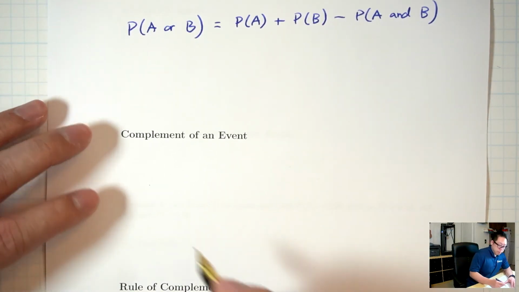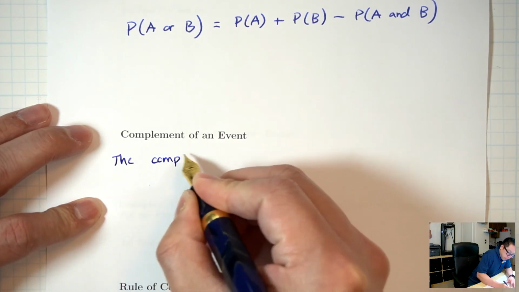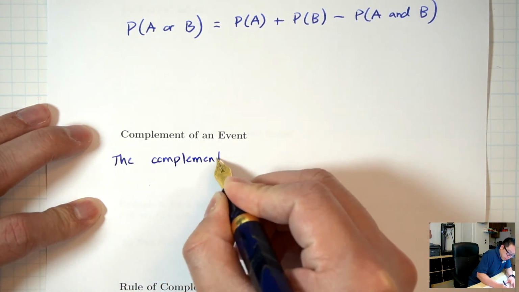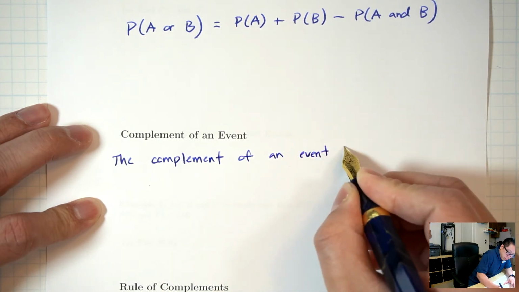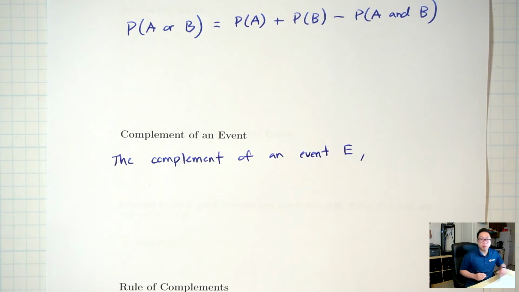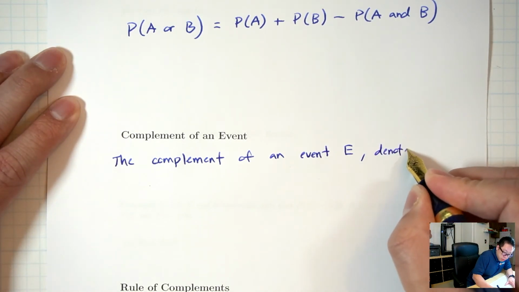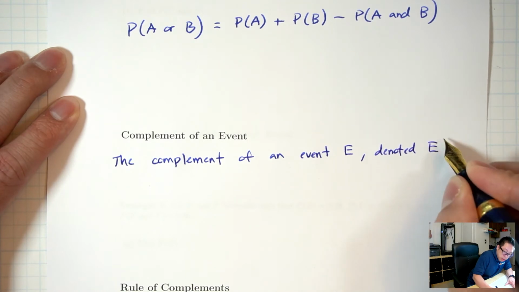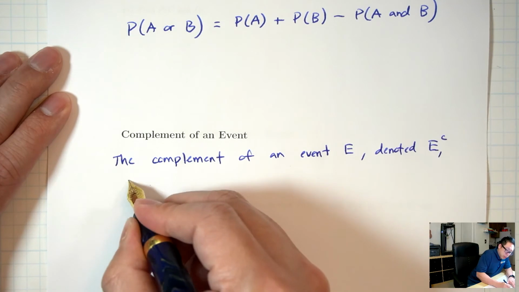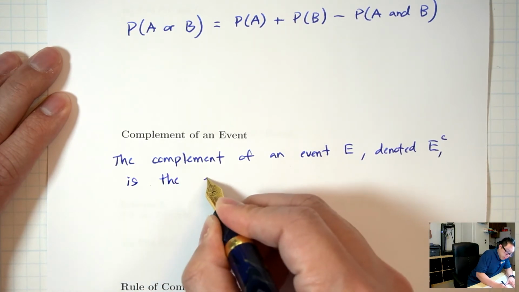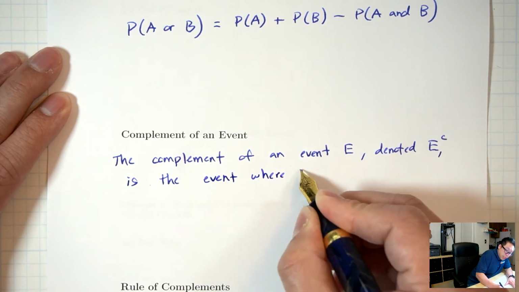Complement of an event. The complement of an event E, which in symbols we're going to write as E with a little c at the top, so E complement, is the event where E does not happen.